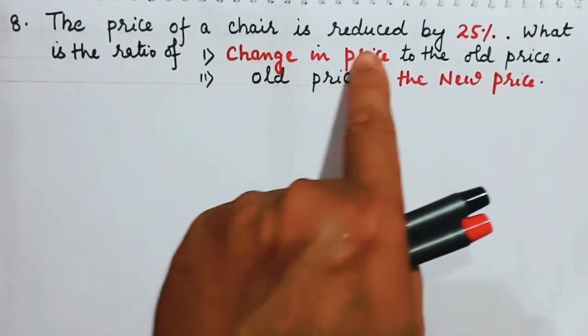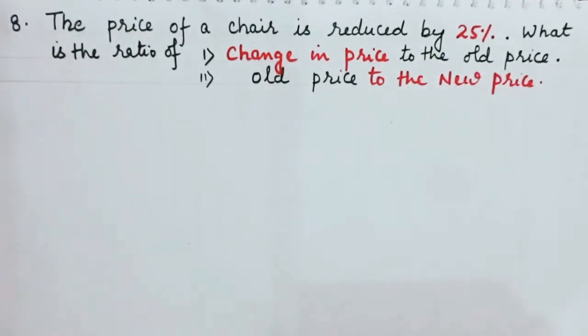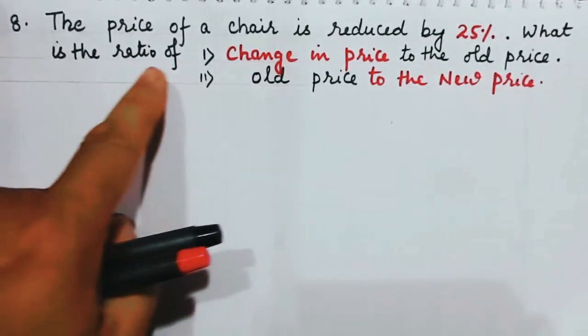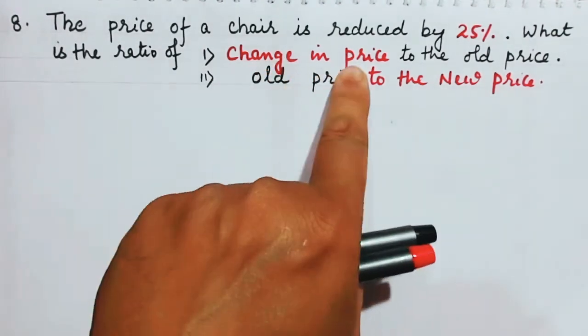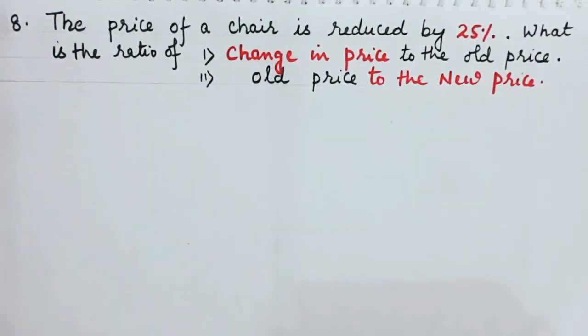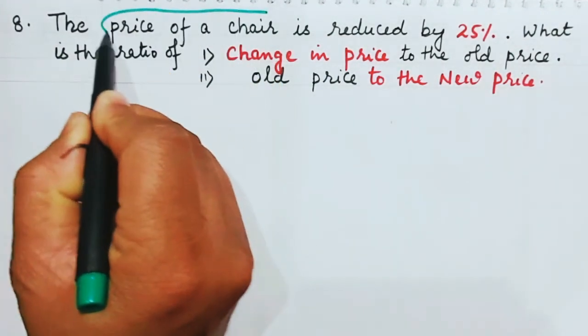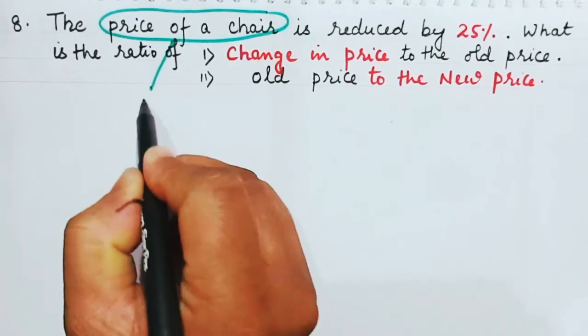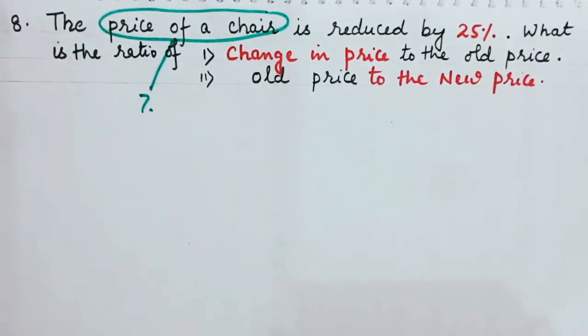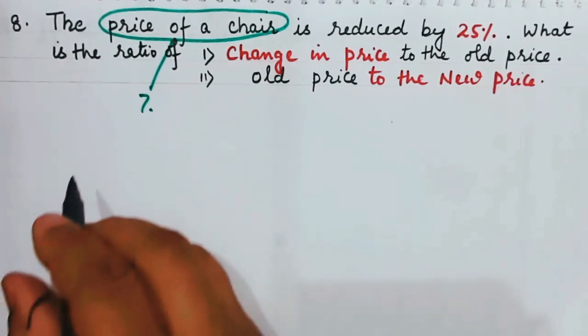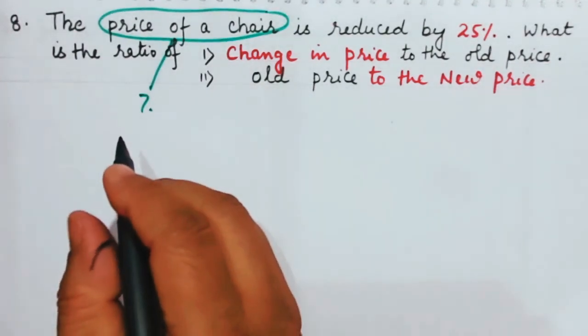The price of a chair is reduced by 25%. What is the ratio of change in price to the old price? So here what I find is that since they are talking about the price of a chair which is not given, instead of taking X, it would be better for us to take the value as 100.